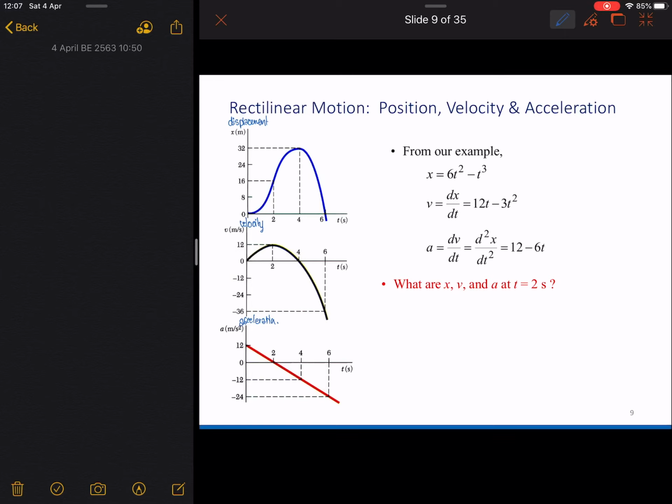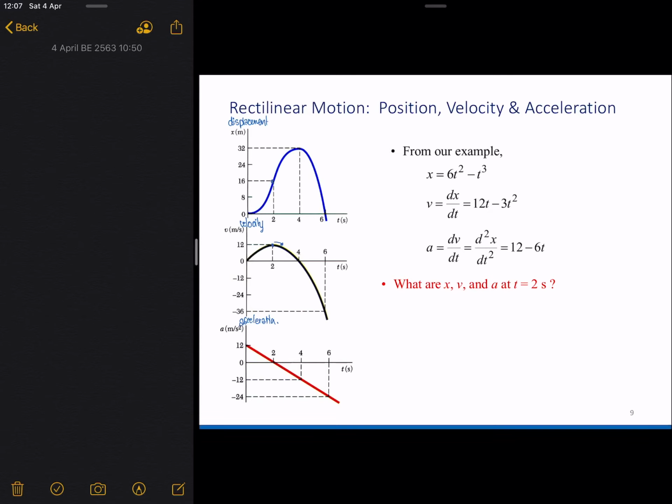For example, here at the position where the velocity is starting to get negative, you can see that the slope of the displacement is going to reduce.